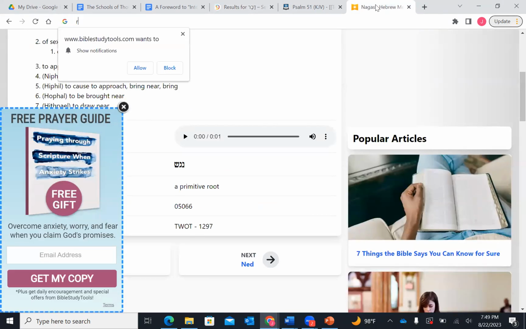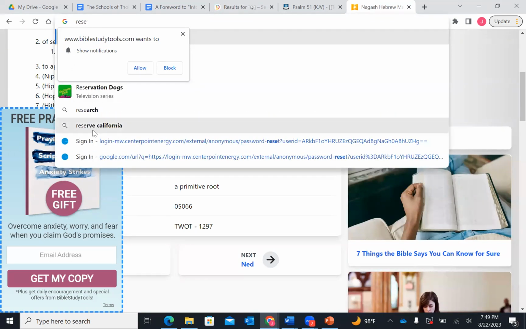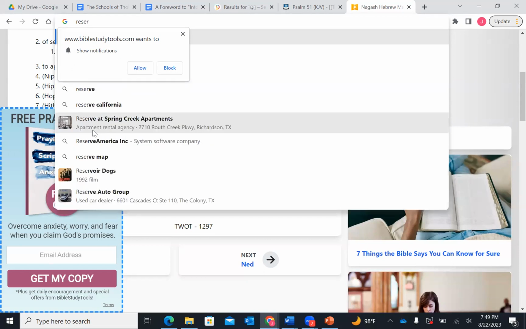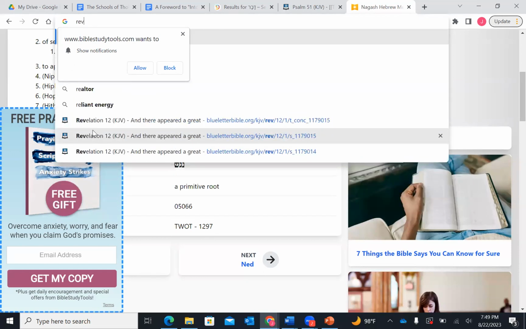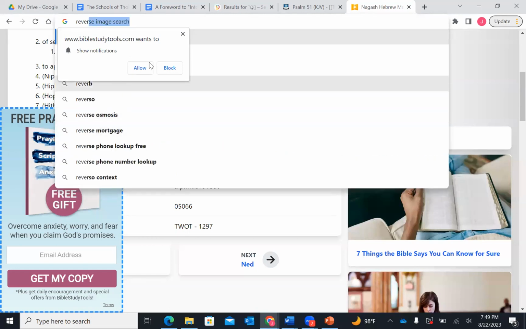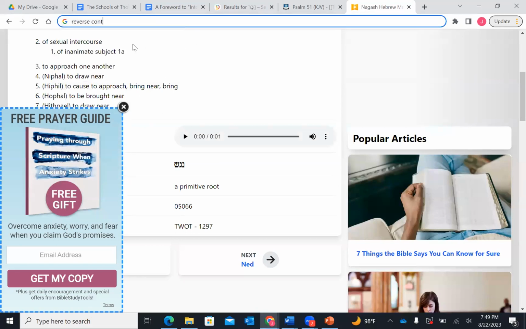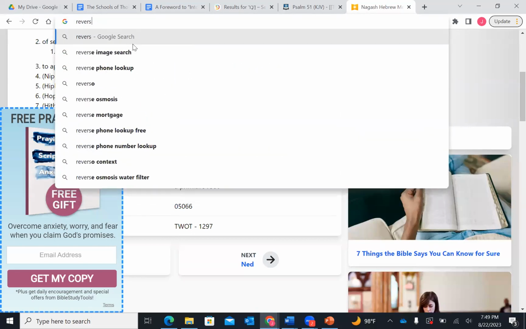So I'm gonna go to this other one here. It's called Reverso Context. Reverso. Oh, there we go.